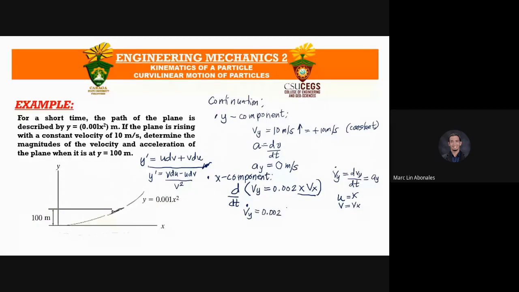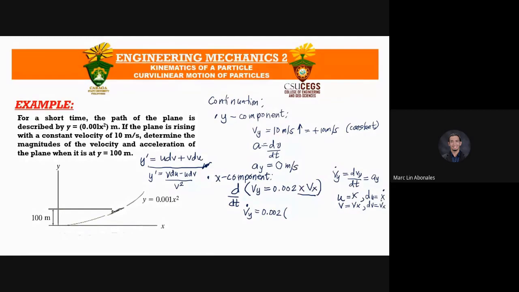So using the product rule, u dv plus v du. So your u is x, its du is x dot, and the dv is vx dot.